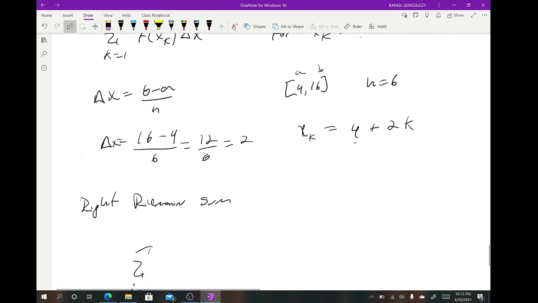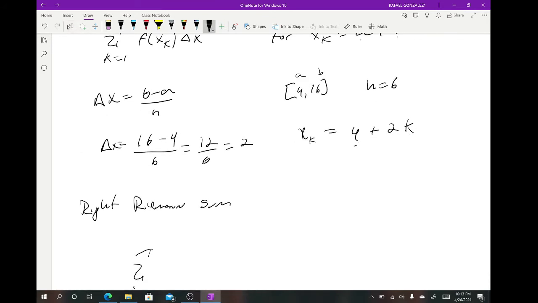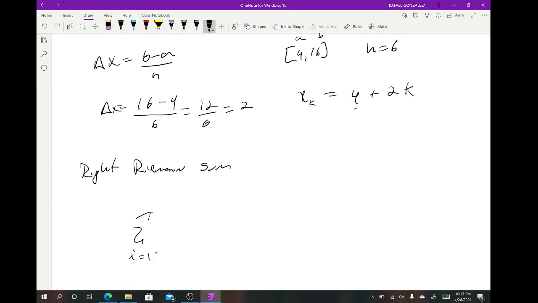Our index is going to go from 1 to 6 because we're using 6 partitions. And this is going to be equal to f of xk times delta x. Now f of xk is the same thing as f of 4 plus 2k times the height. Remember the height is 2.